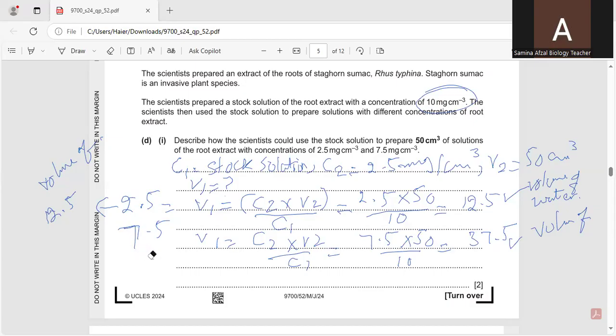This is 2.5, and this is 12.5, and this is 37.5. So the volume of water will be used in this way, and then the volume of stock, and then the volume of distilled water.